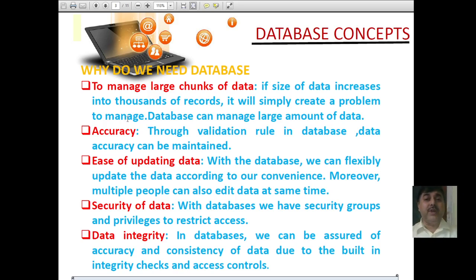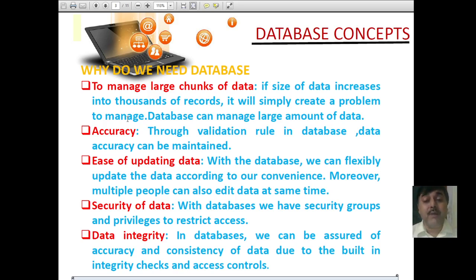A huge amount of data is there, and we need to arrange it. As we arrange it, accuracy matters. Accuracy means the validation rules in the data, and data accuracy can be maintained.